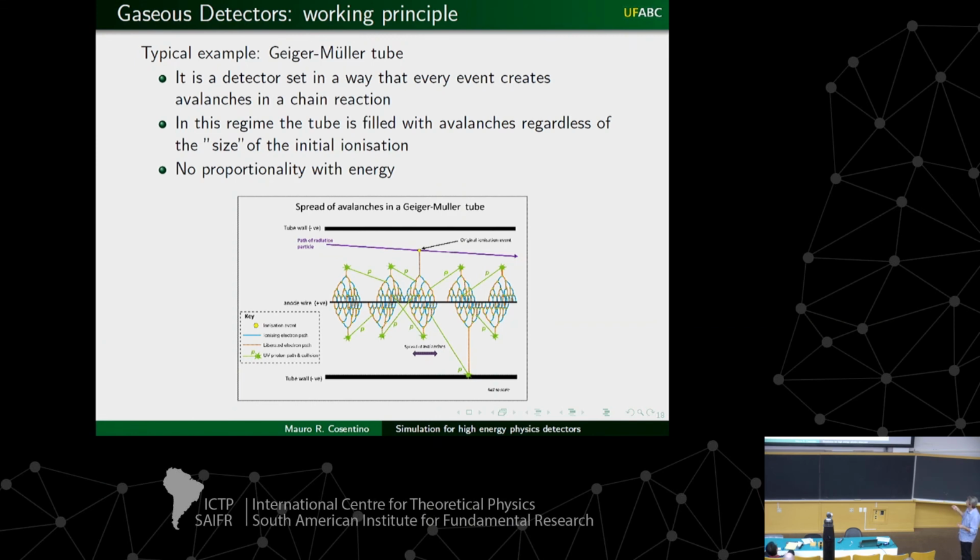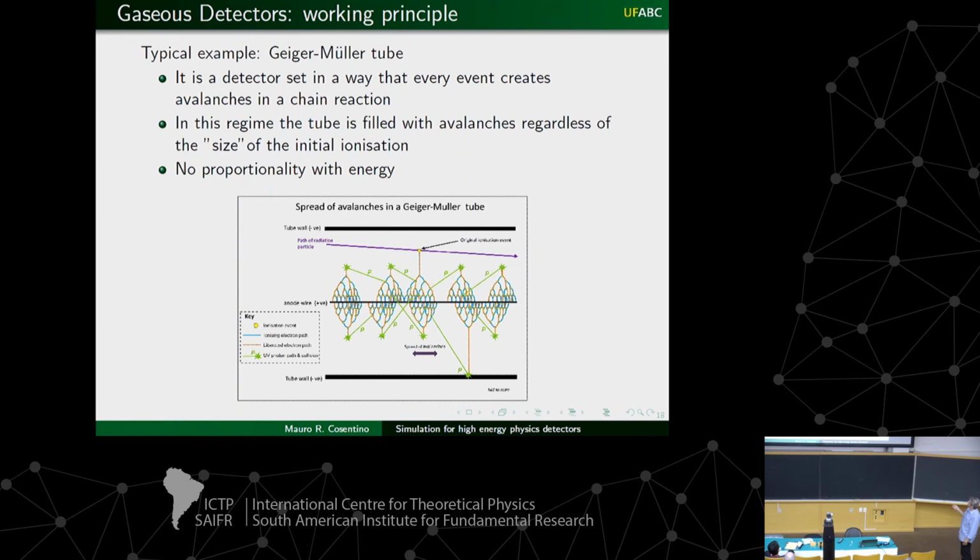So you have a charged particle going through. It creates an initial electron. This electron will be dragged down. It will start to multiply. It will get enough kinetic energy here. It will ionize another atom, and the electron created here will ionize another one, and so on and so on.